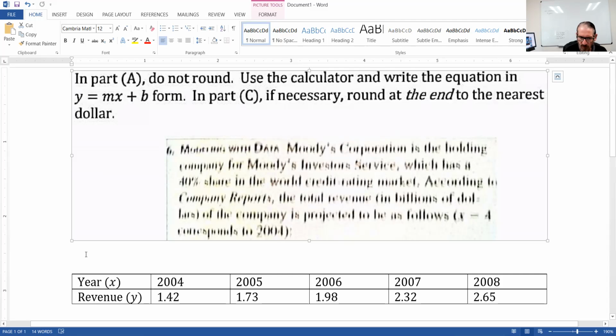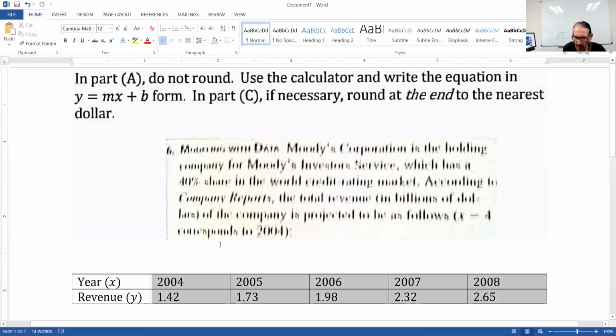Now, as a note, in a statistics course, we observed revenue for 5 different years, only between 2004 and 2008, and in the second part, we're going to be asked for a prediction about the year 2010, which is outside the range of the years. That, in statistics, they call extrapolation, which is something to be cautious about.